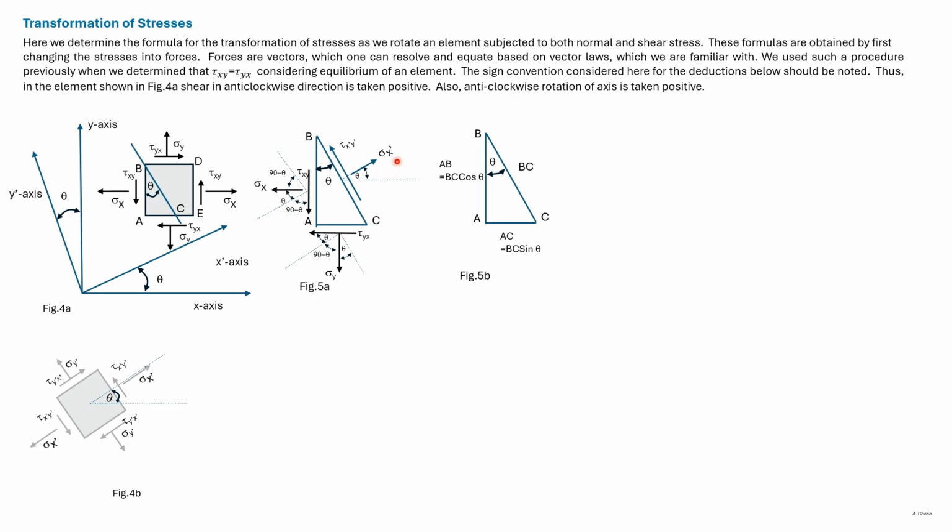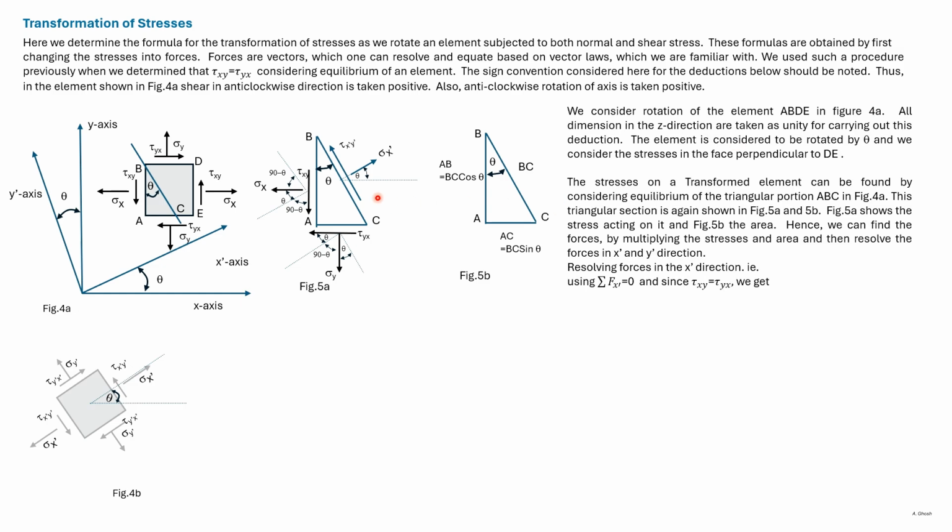The normal stress acting on the face BC is sigma x dash, and the shear stress is tau x dash y dash. We'll first determine an expression for sigma x dash. The relative dimensions of the sides of the triangle are given here. So AB is BC cos theta and AC is BC sin theta.